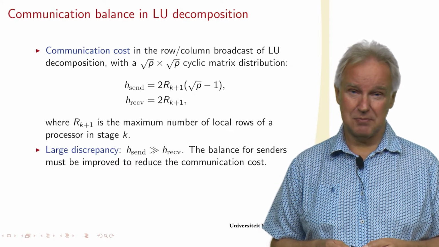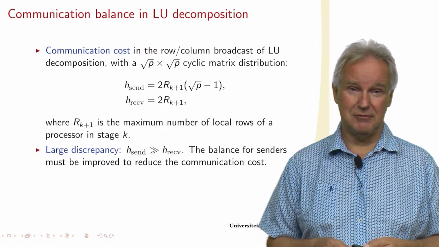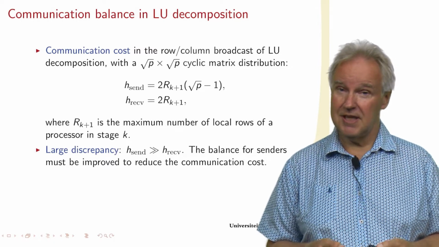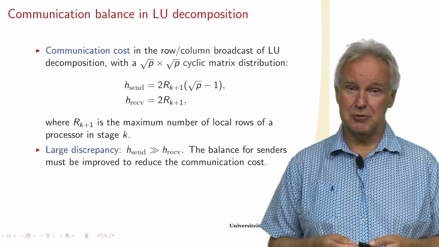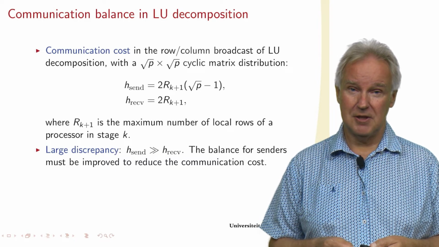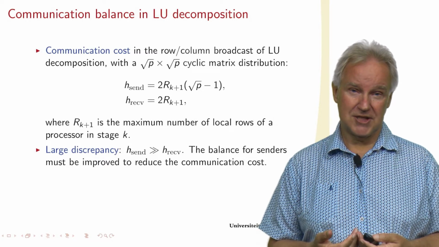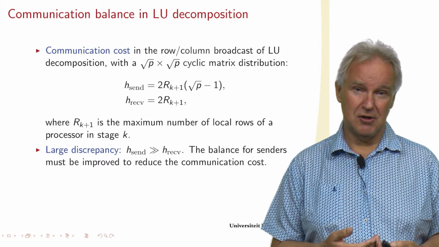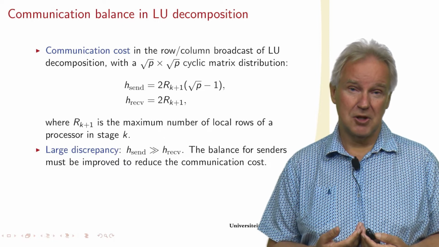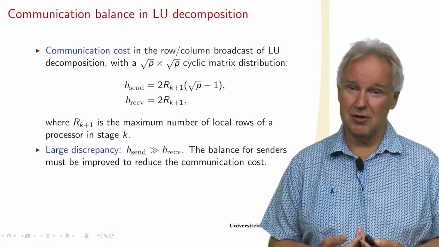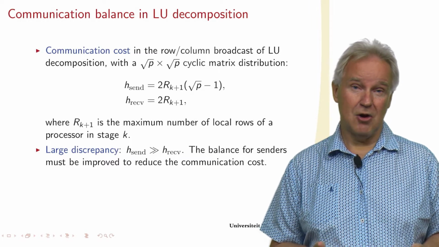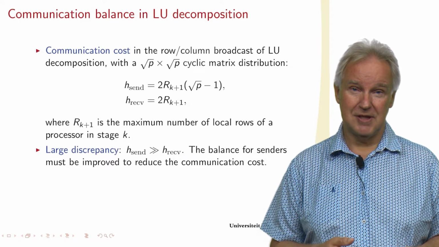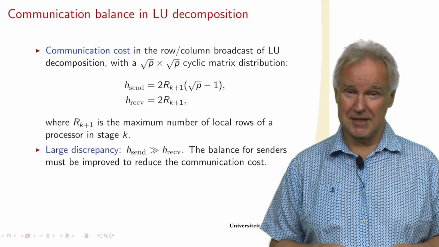H sent is much larger than H received, and this means that we must improve the algorithm by reducing the communication cost. Because if there's a lot more sending than receiving going on, meaning that some processors are overloaded, we must reduce that. And then hopefully we can achieve the value of H received.